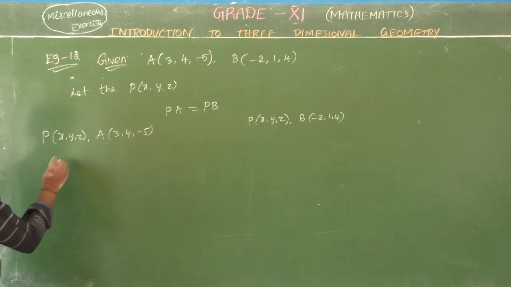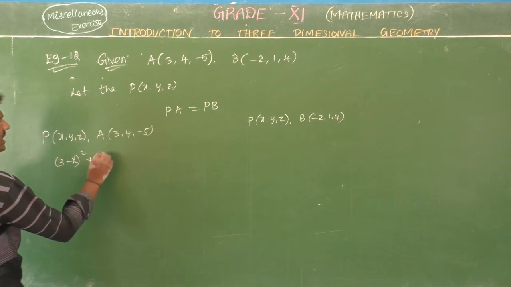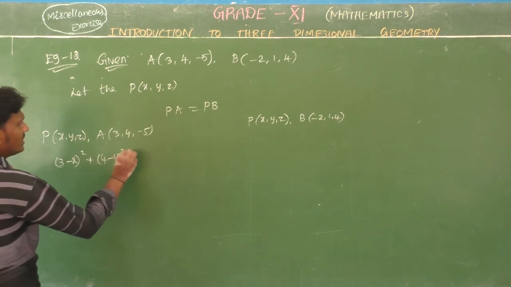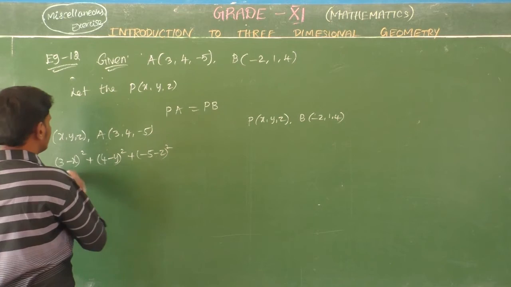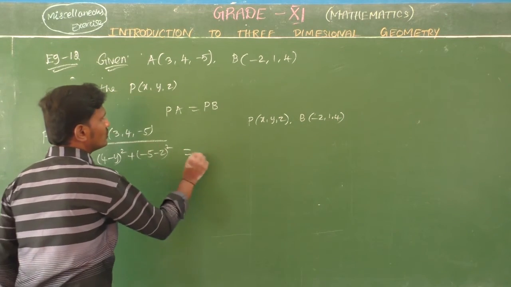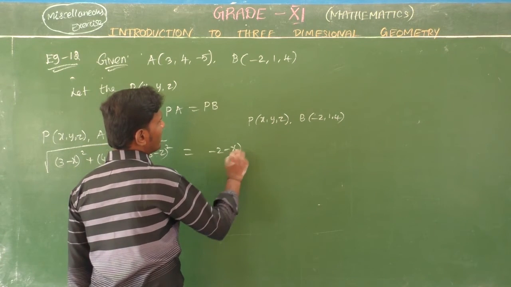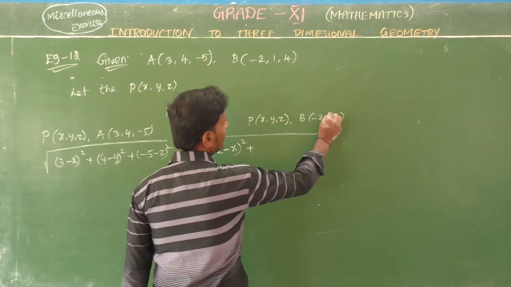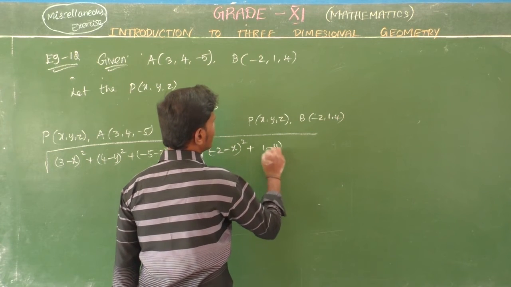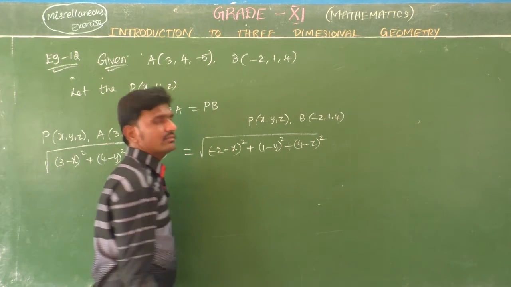Now PA is the square root of 3 minus x the whole square plus 4 minus y the whole square plus minus 5 minus z the whole square, which is equal to the same here also: minus 2 minus x the whole square plus 1 minus y the whole square plus 4 minus z the whole square.